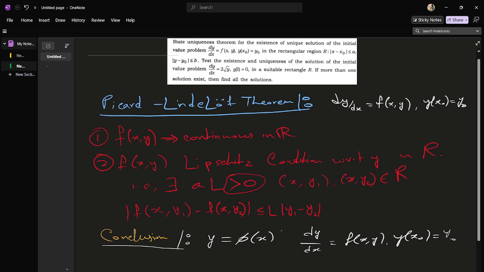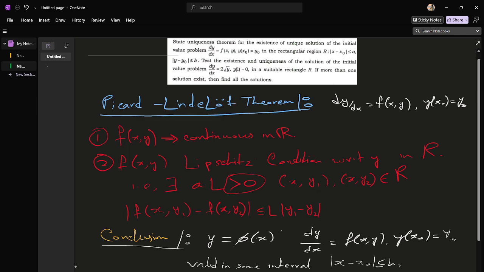The solution is valid in some interval. We are just stating the theorem, and then we have drawn the conditions for uniqueness, and now we are stating the conclusion.